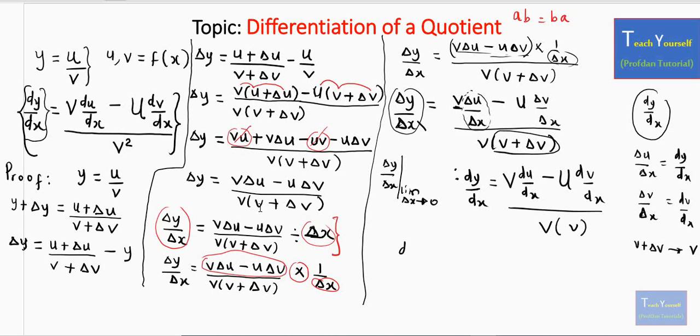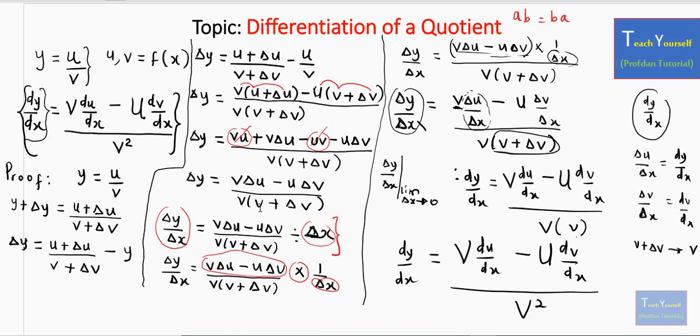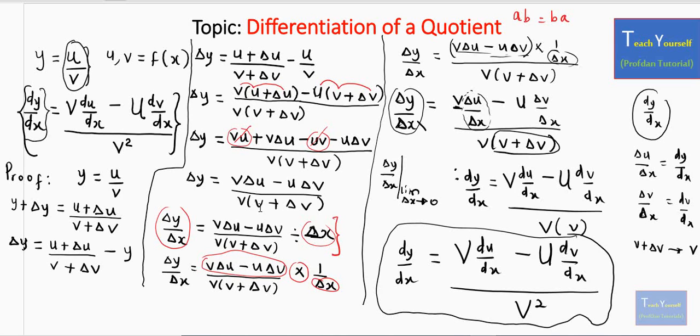So finally dy/dx becomes v du/dx minus u dv/dx, all divided by v times v squared. So this is the quotient rule, the formula, so to say, that you apply to differentiating anything that looks in this form, u over v.